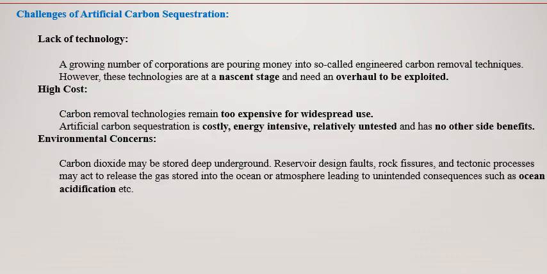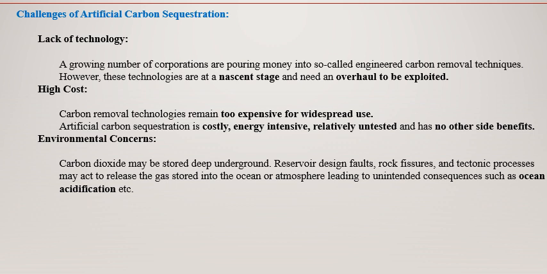There are many challenges of artificial carbon sequestration. The technology is not yet so advanced that it completely diverts the carbon, and it is very costly, and it is difficult to do carbon storage. It has many environmental concerns also.